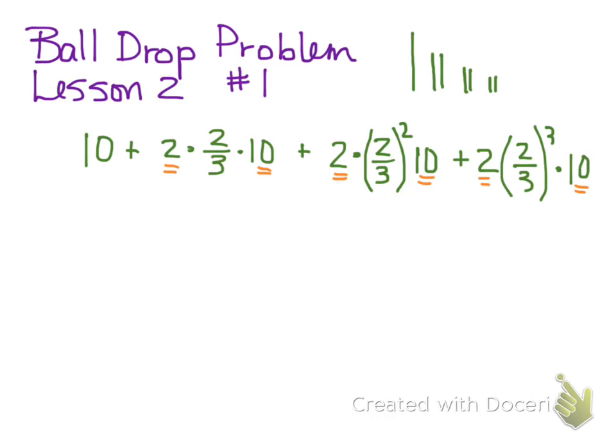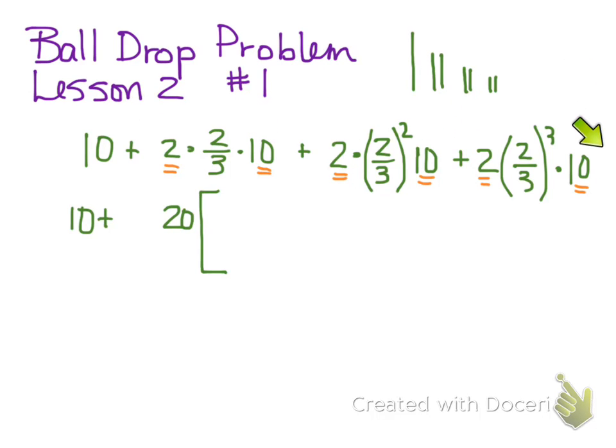Okay, so we can see that each of the terms that have the 2/3 in them each have a 2 and a 10. A factor of 2 and 10 are in each of those terms. And so we can rewrite this expression. So I still have my initial 10-foot drop. I'm just going to always carry that along. But then each of these, the 2 times the 10, I can write as 20, right?